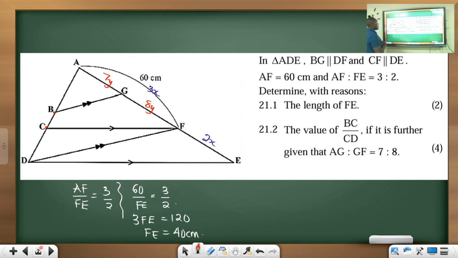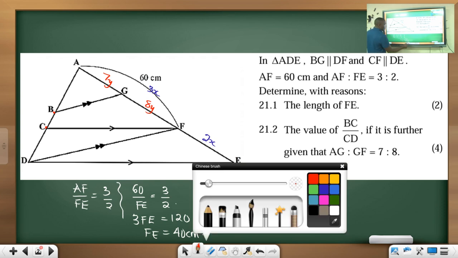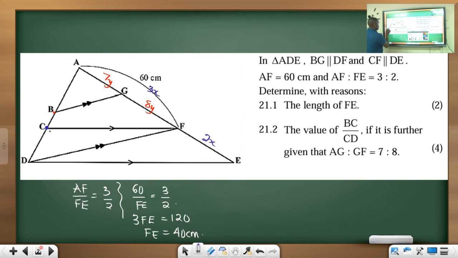BC over CD. Now, let's look at something here. I'm going to quickly use a highlighter. CD is something I can get because CD is connected to these two lines, and I see that they are parallel. Oh, beautiful. From these parallel lines there's a triangle there, and from that I can create my ratio.